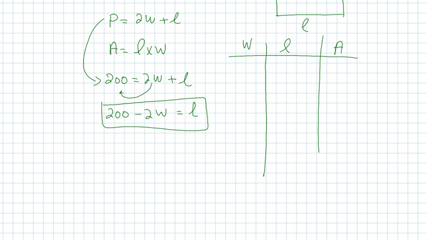So what values do you want to plug in for W? You can do 1, 2, 3, 4, 5. You don't want to plug in too many. Starting with small numbers is going to be a little weird, but let's do that.